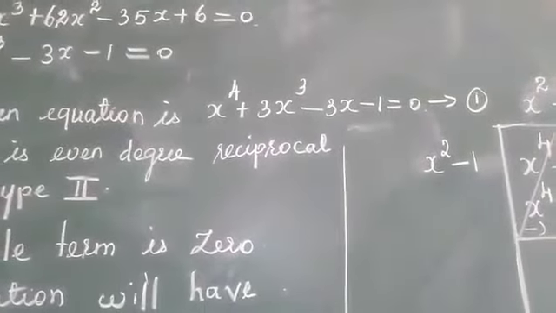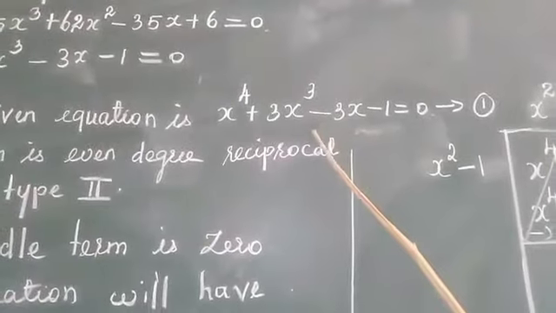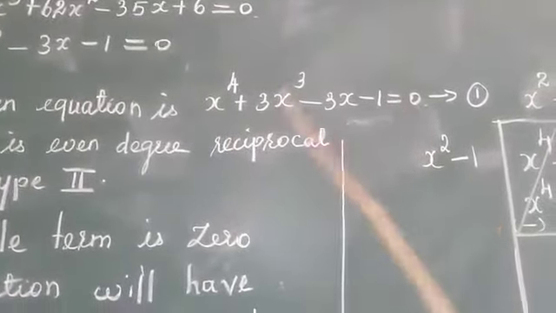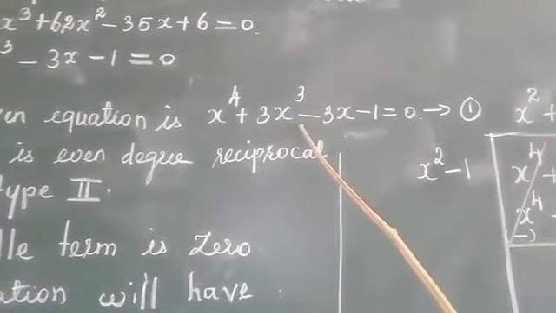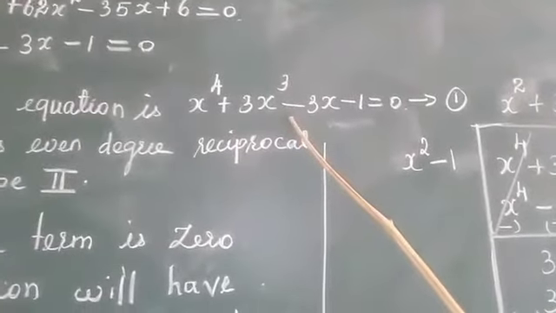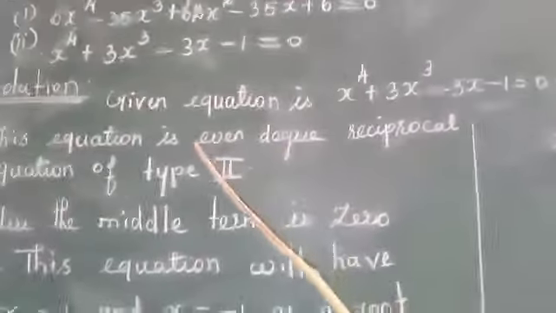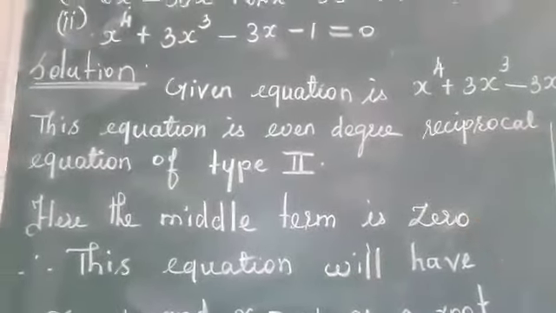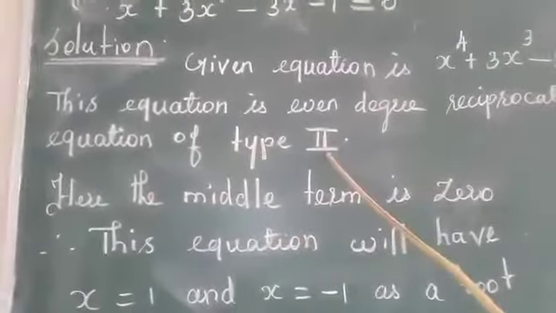Another thing you can find out is that the middle term is 0. When you take these two and these two, there is no middle term here. That means the middle term is 0. So we conclude this equation is an even degree reciprocal equation of type 2.